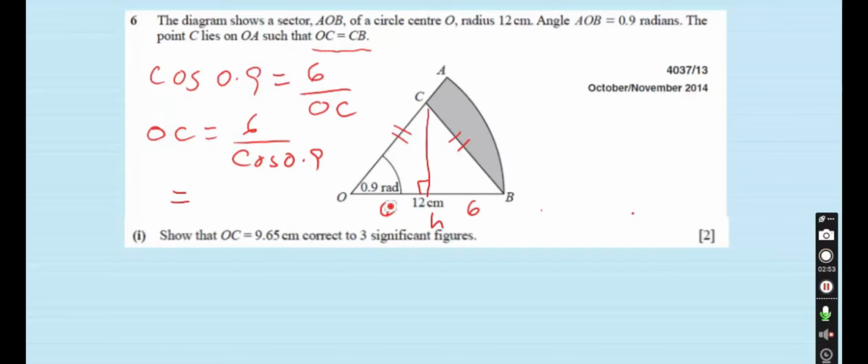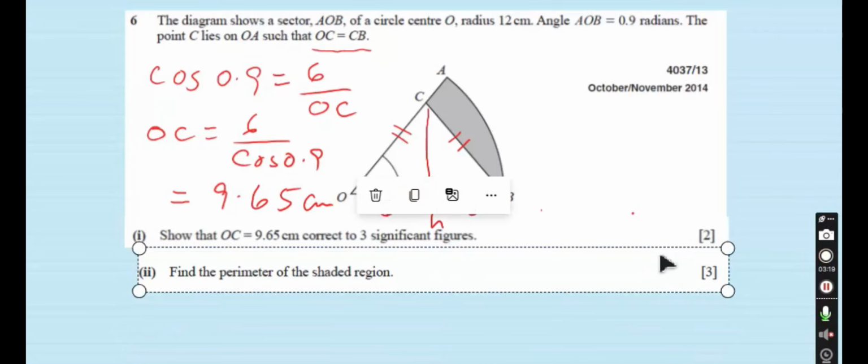So 6 upon cos 0.9 from your calculator, you will get the exact answer, that is 9.65 centimeter. And this is the requirement of part number 1: show that OC is equals to 9.65 centimeter, correct to 3 significant figures. So very easy part.